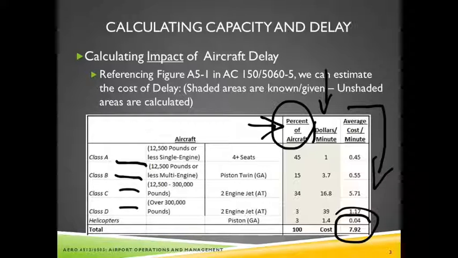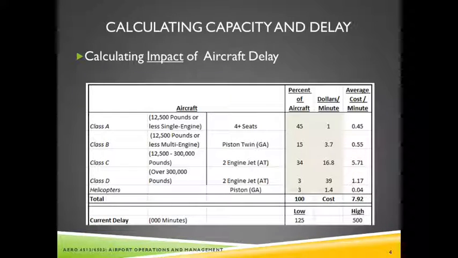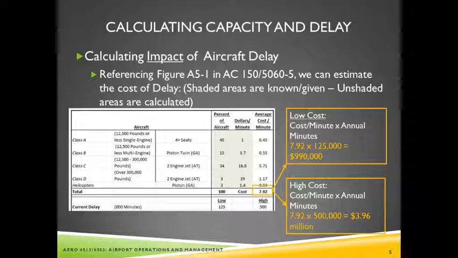Remember the minutes of annual delay we calculated from the last video? We calculated that it was 125,000 minutes of delay on the low side, 500,000 minutes of delay on the high side. We simply multiply the average cost of the delay, that's the $7.92 per minute, multiply that times the low and the high.